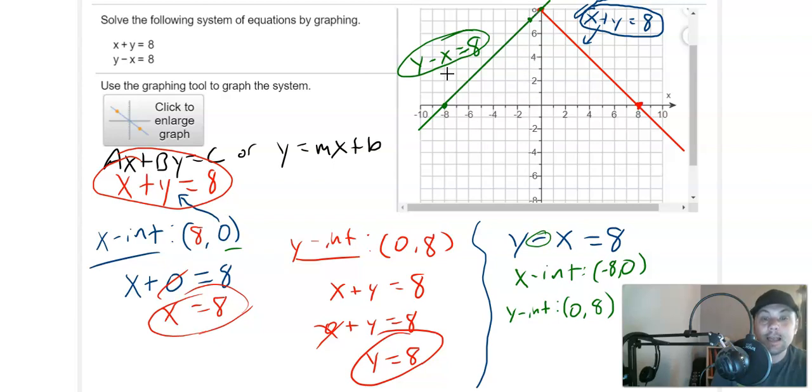If I plug in negative 1 for x and 7 for y and subtract, minus the negative becomes plus, I get 7 plus 1, which equals 8. So that's the pattern. For every point on this line, the y coordinate minus the x coordinate always equals 8. Every point on this line is a solution to this equation.